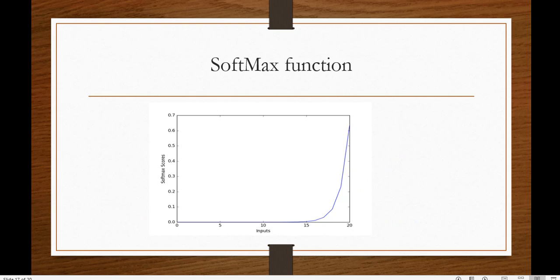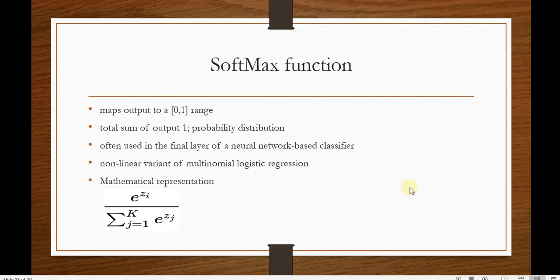There is another function which is becoming popular nowadays, known as the softmax function. You can see the graph, this blue line: for the inputs up to some point the outcome is 0 and then gradually it increases, but it's a curved line, not a straight line.